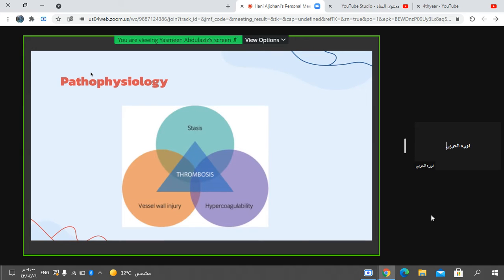When these three are present together, the thrombosis risk becomes higher. Next, Yasmin.